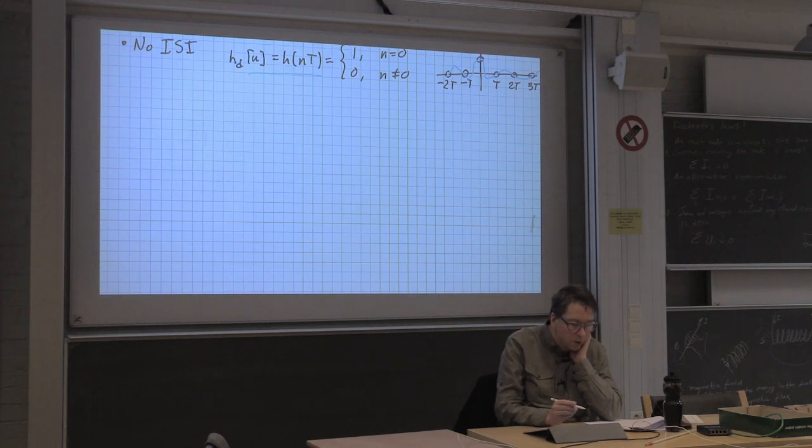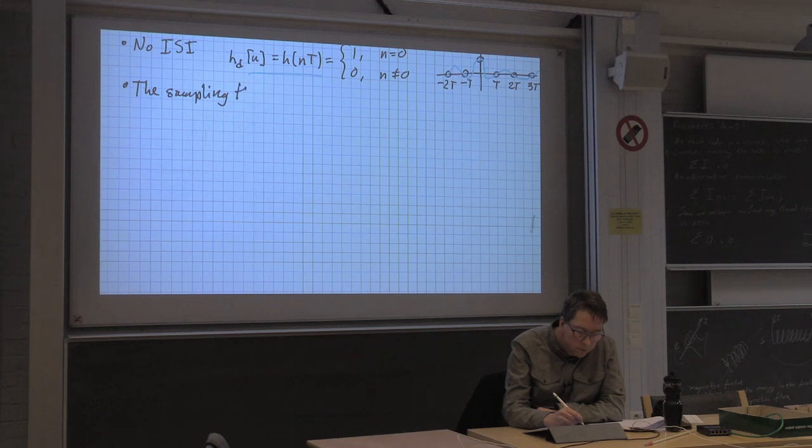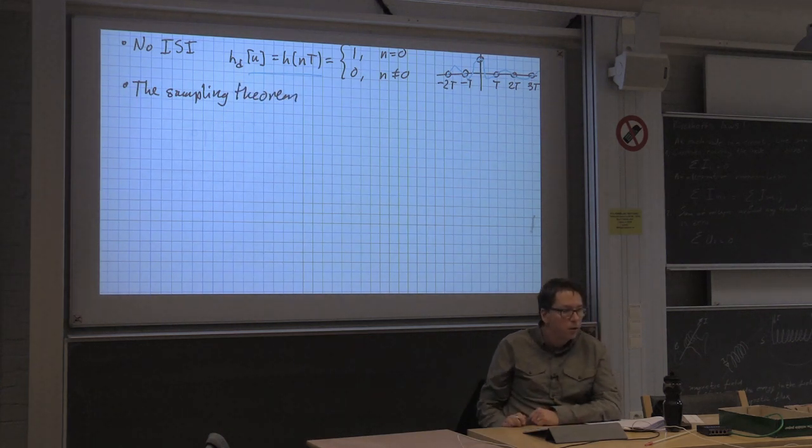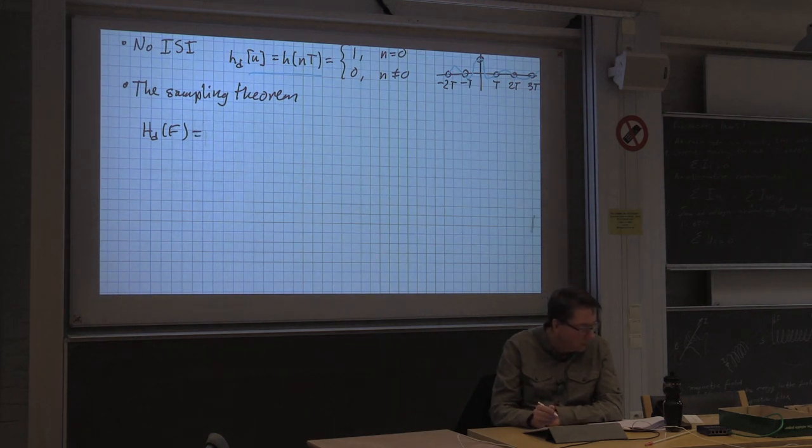Well, then we use the sampling theorem, which tells us that the discrete time Fourier transform of HD, which is, this is just the definition of the Fourier transform, the sum over n from minus infinity to infinity of HD of n, e to the power of negative j 2 pi capital F n, like this.